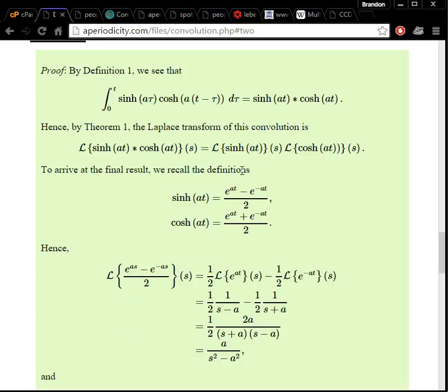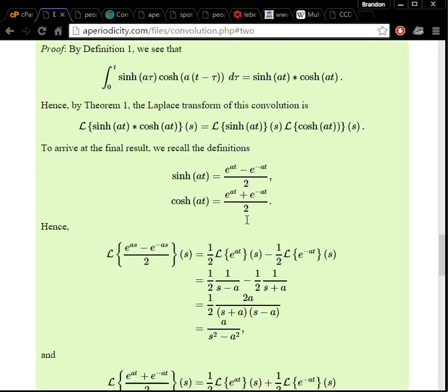And by definition, the hyperbolic sine of at is equal to e to the at minus e to the negative at over 2, and cos hyperbolic at is equal to e to the at plus e to the negative at over 2. So the only thing that changes between these definitions is a negative for the hyperbolic sine, and a positive for the hyperbolic cosine.